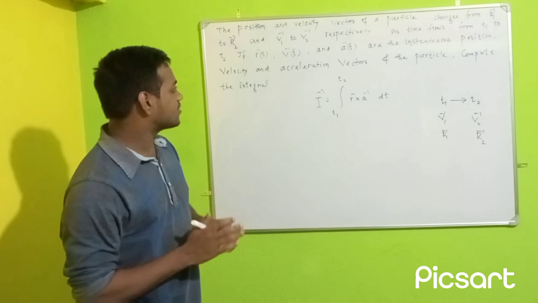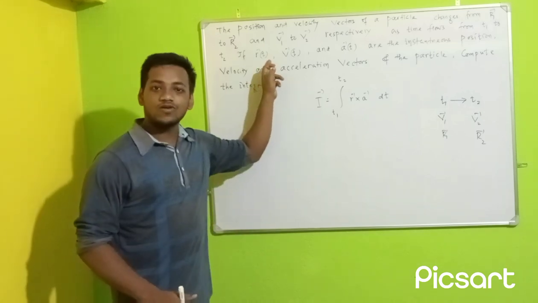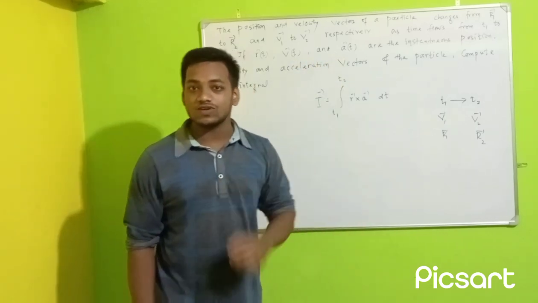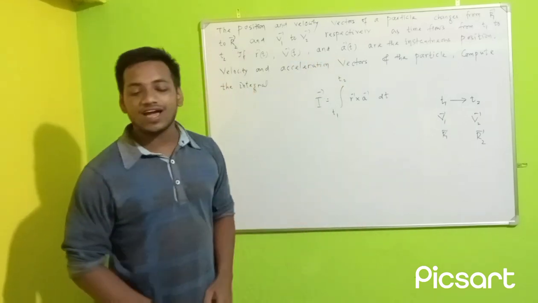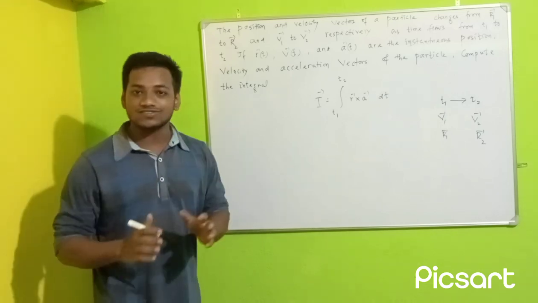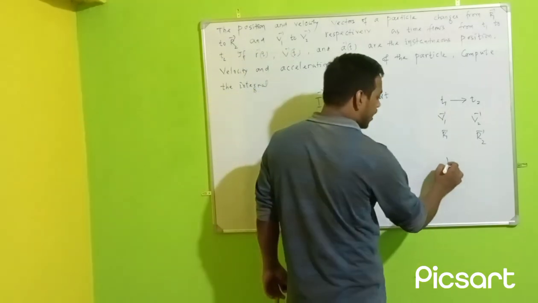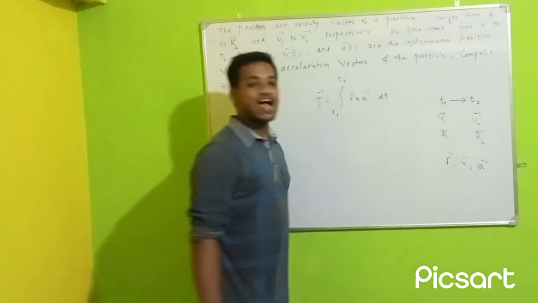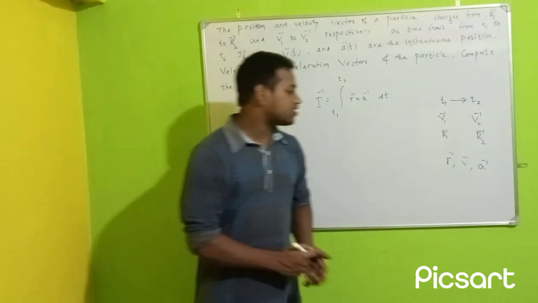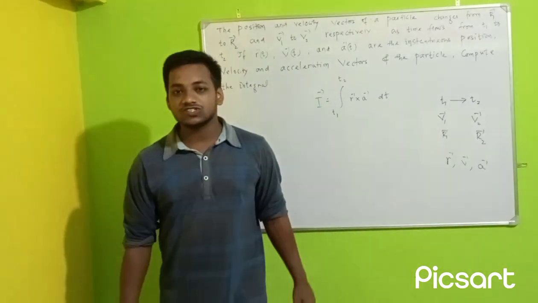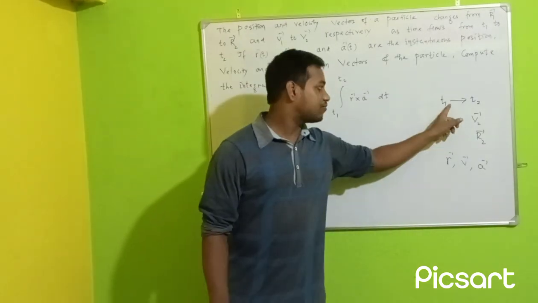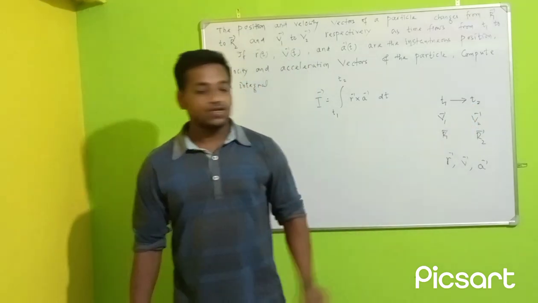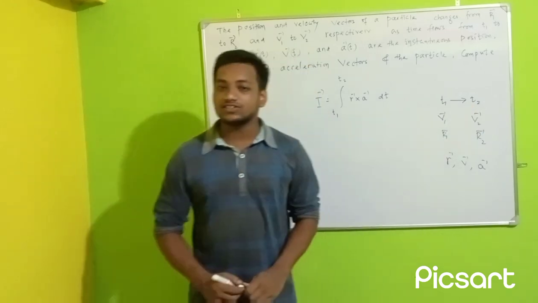Then the question is asked: if r as a function of time, velocity as a function of time, and acceleration also as a function of time, are the instantaneous position, velocity and acceleration. R, V and A, these three are the symbols of position, velocity and acceleration during the time t1 to t2.